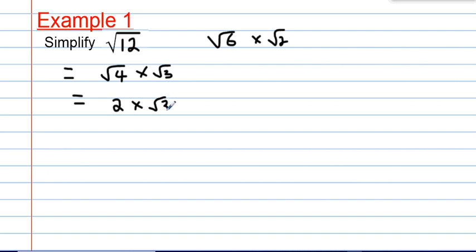Just like we do in algebra, we're going to remove the multiplication sign now. We're going to simplify it fully, so it's going to be 2 root 3. We've gone for this because we opted for the squared number. So our aim when you're simplifying surds is to aim for the squared numbers. Okay, let's try another example.